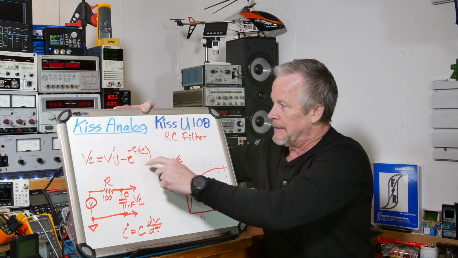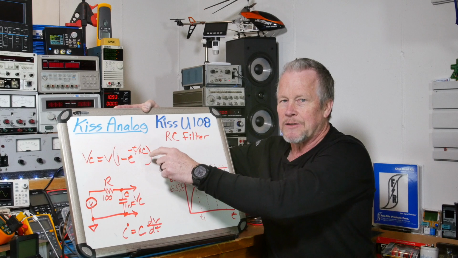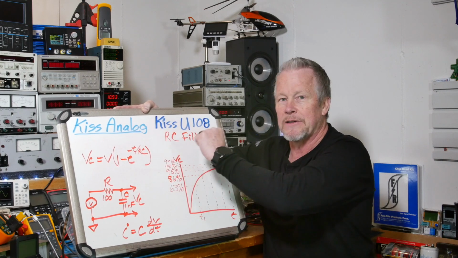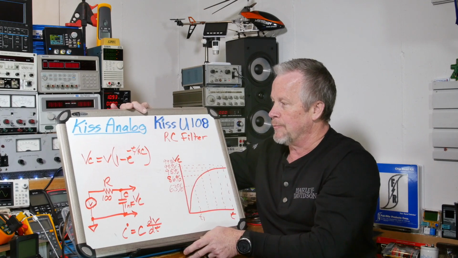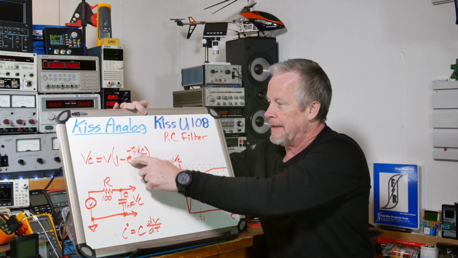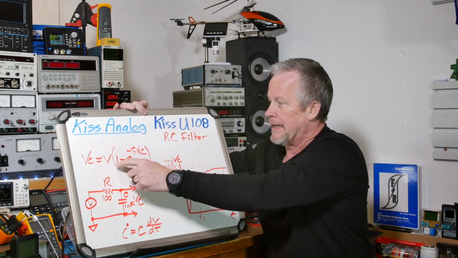Now the interesting thing about this equation, this e to the minus t over RC: sometimes you see that RC shown as a tau, that funny looking T, but I just wrote RC in here. One thing I want to say about this is this term right here. So VC is equal to this voltage times this stuff.